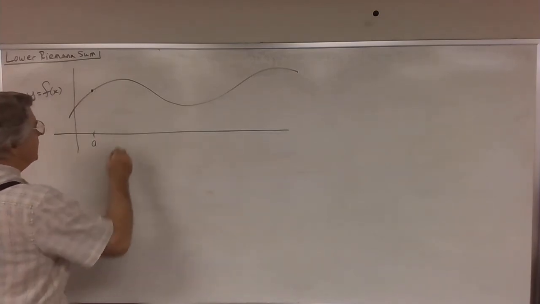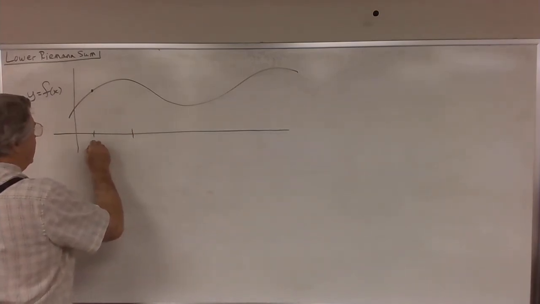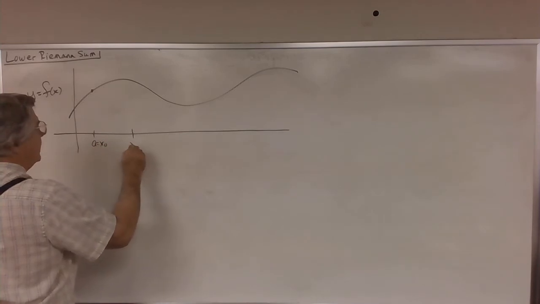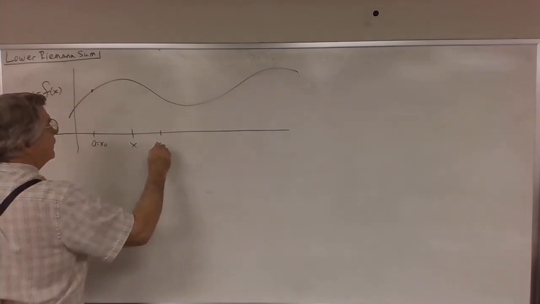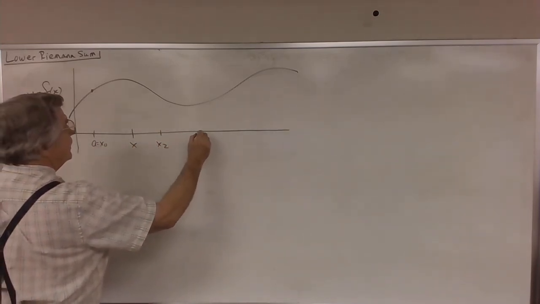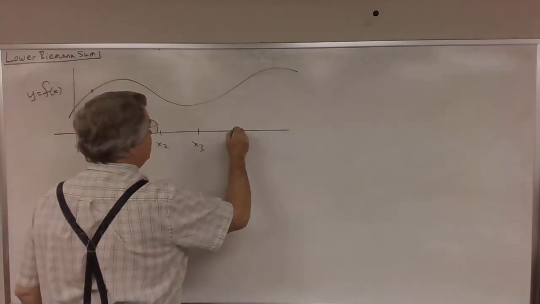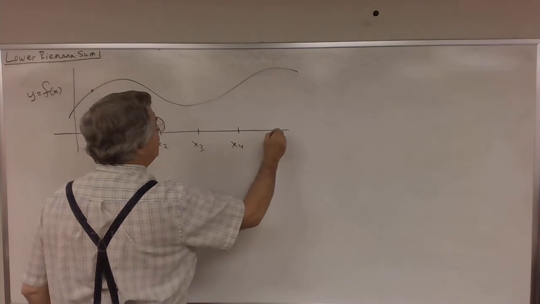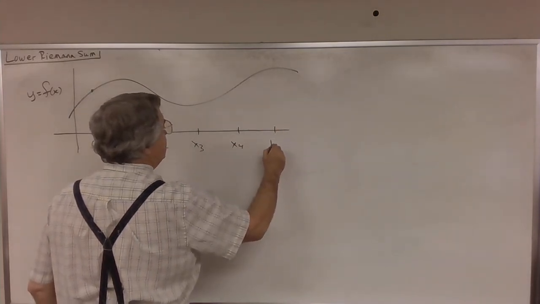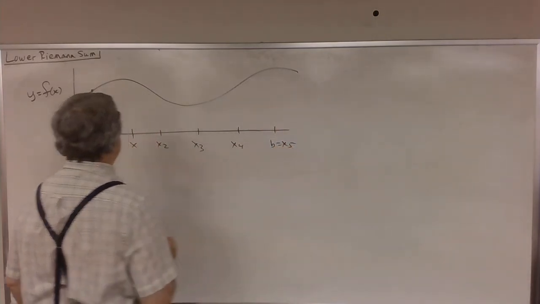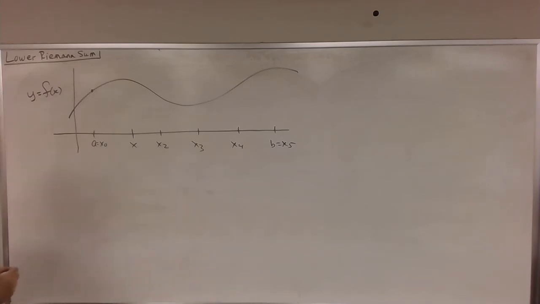And we'll have some partition, a equals x naught, x1, x2, x3, x4, b equals x5. Okay.